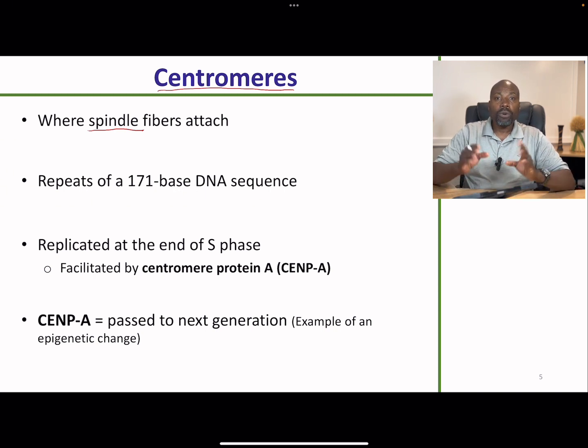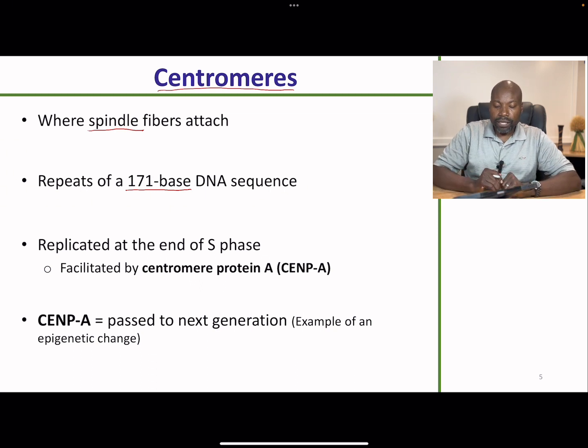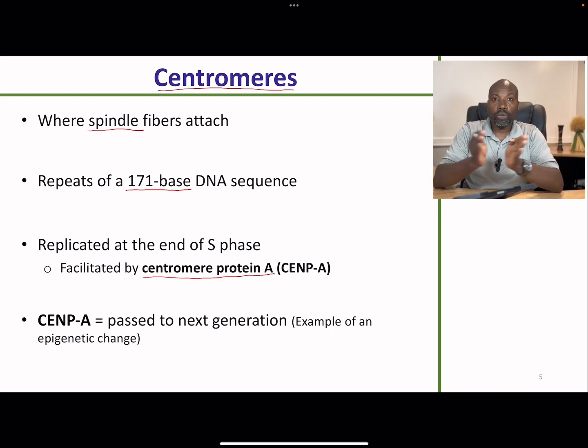These proteins are going to recognize a particular area that contains a 171 base pair DNA sequence, and they are going to attach to these areas. These proteins are actually called centromere protein A, right? This centromere protein A is going to attach there so that the two sister chromatids can come together, right?